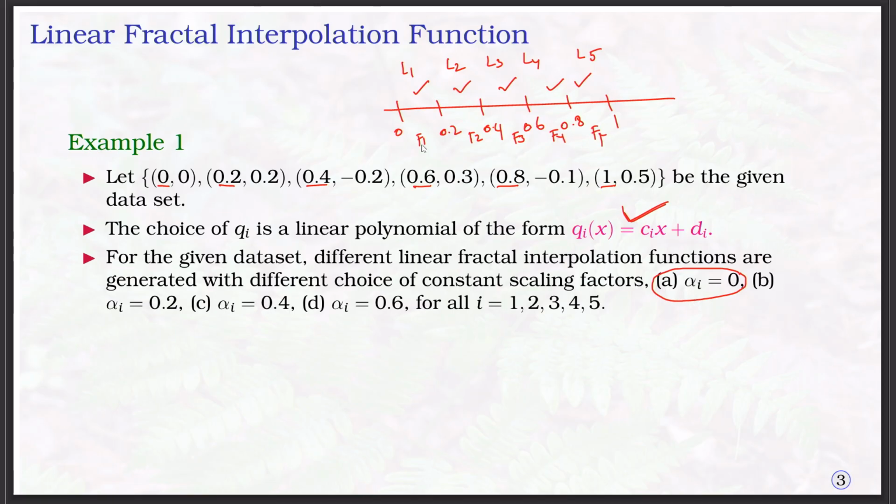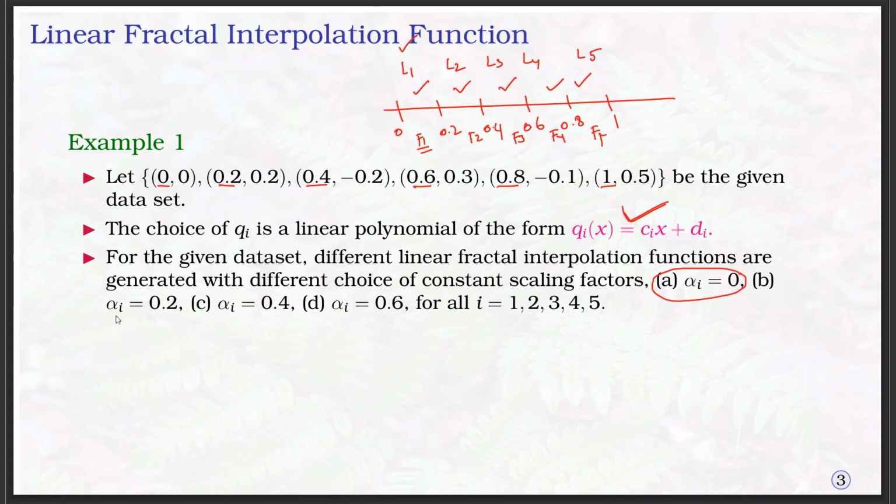This alpha acts on F as the vertical scaling factor, controlling the vertical direction. Therefore, this alpha we need to implement in the function F, not under L. So, we have 5 functions, one in each interval. For each interval we need to choose one alpha. Here I am choosing alpha as 0 in all the intervals.